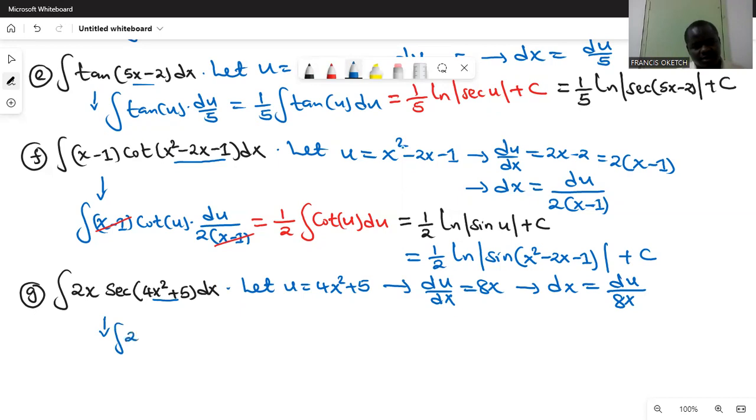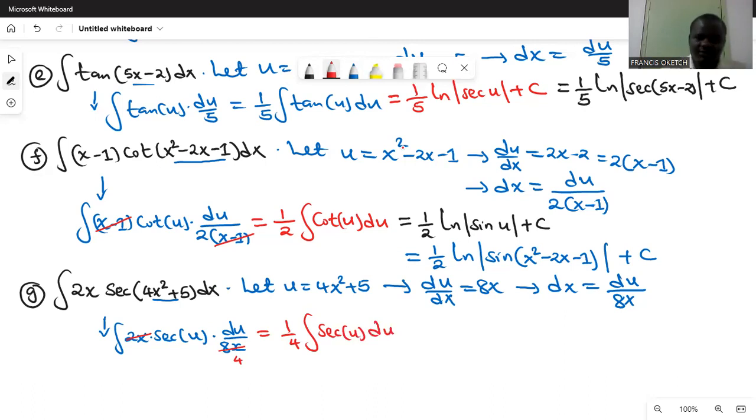That will give us 2x times sec u, and instead of dx, you write du over 8x. So simplify, 2x will go into 8x 4 times. So we'll have 1 over 4 times the integral of sec u du.